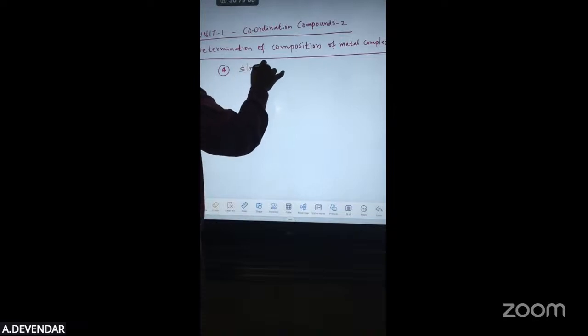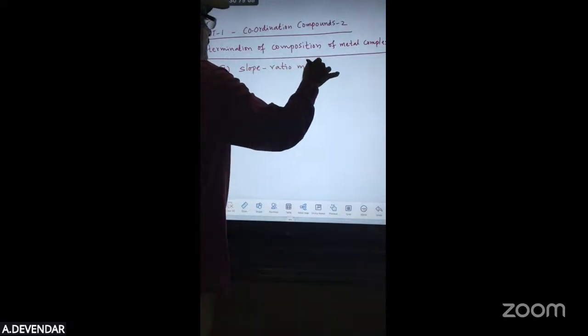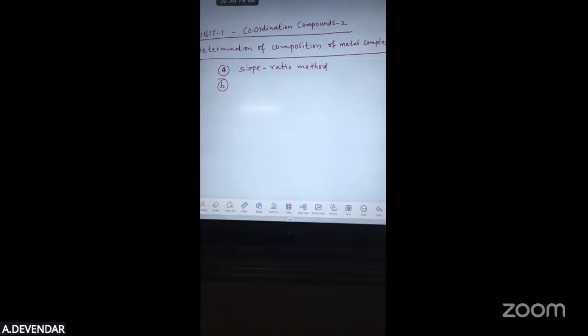There is a chance of getting this question. It can be determined with the help of two methods: one is the slope ratio method, and another is the Job's continuous variation method.